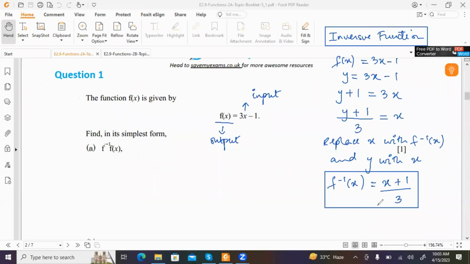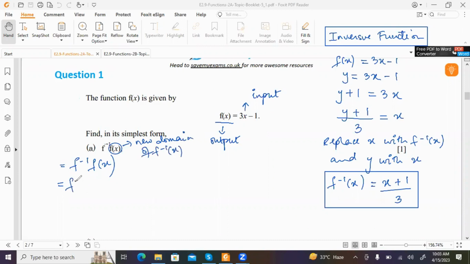Once you've found the inverse function, now we're going to find the composite function. For the composite function, it says f inverse of f of x. So that means we're going to replace the domain of f inverse x with f of x. This is going to be the new domain of f inverse x.